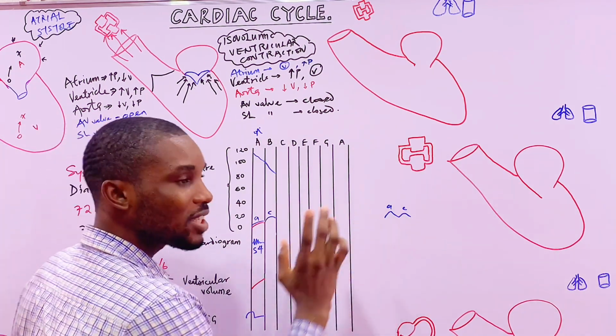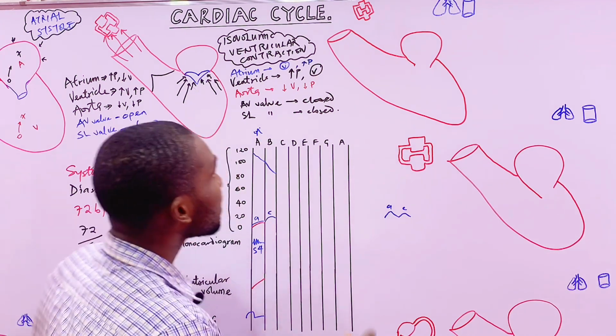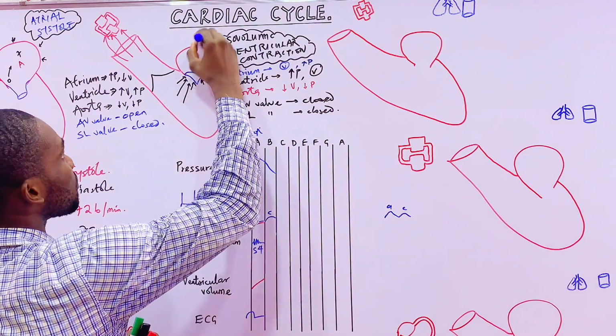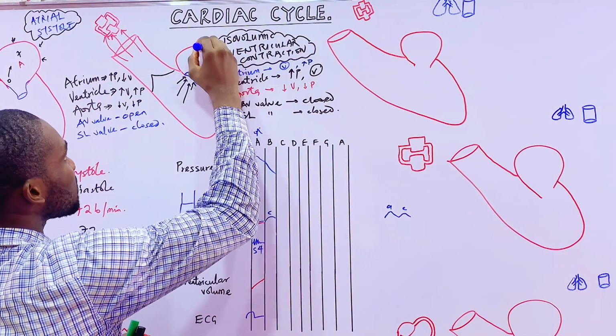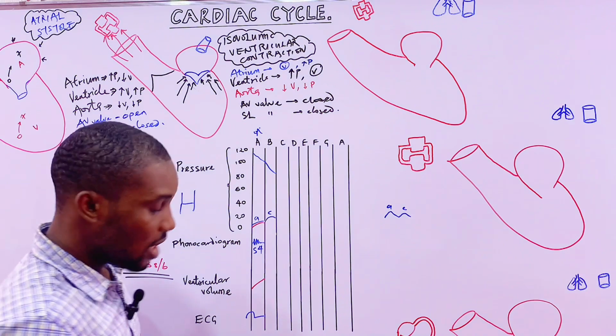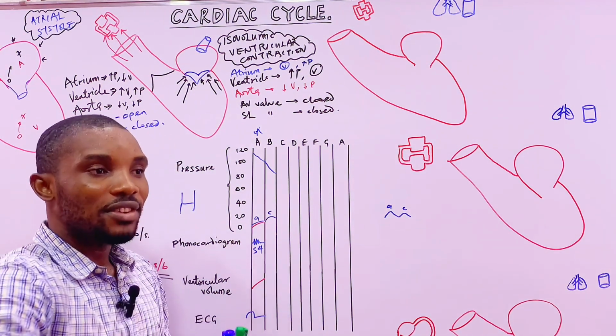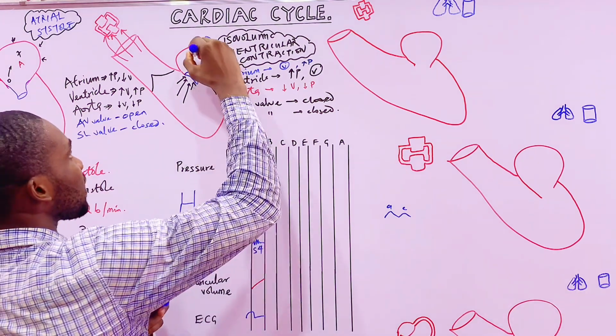Now, why is this wave important? Because remember that the atrium is always in communication with the venous system. So we have our venous system here. That's your SVC and IVC, right? Whenever there's a pressure, it is reflected backwards.